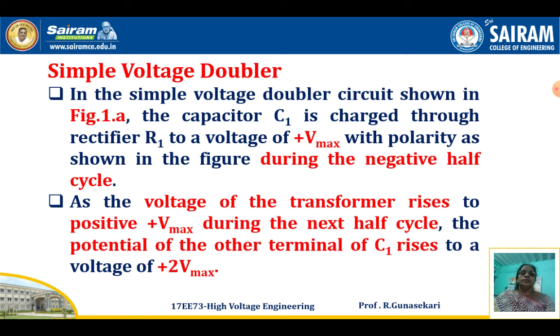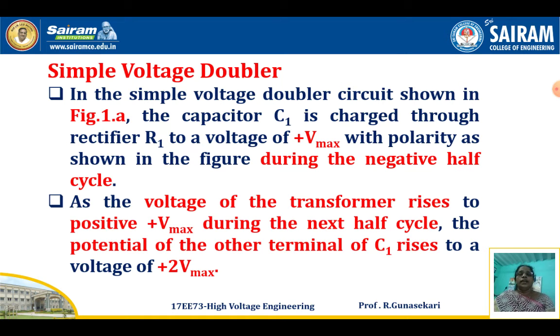In the simple voltage doubler circuit, the capacitor C1 is charged through rectifier R1 to a voltage of plus V maximum with polarity as shown in the figure during the negative half cycle. As the voltage of the HV transformer rises to plus V maximum during the next half cycle, the potential of the other terminal of the capacitor C1 rises to plus 2V maximum.